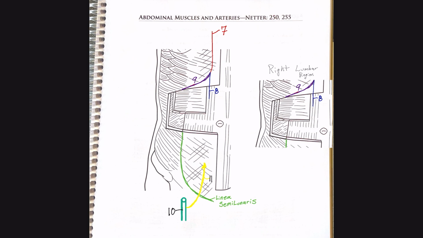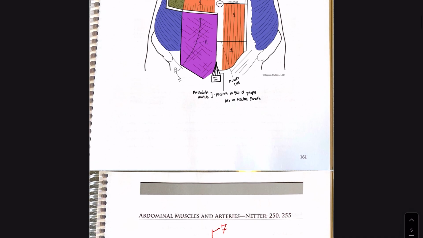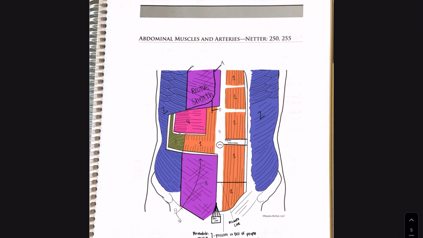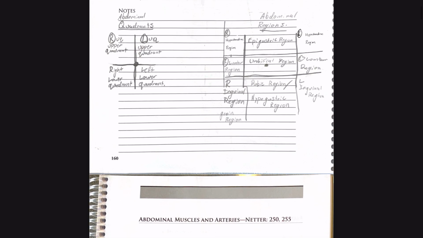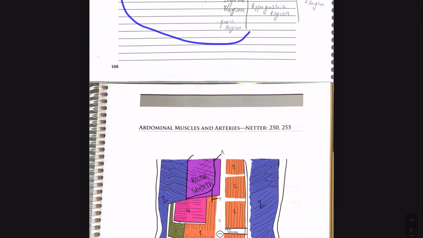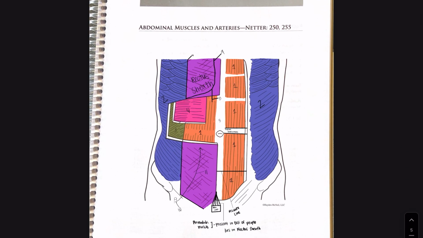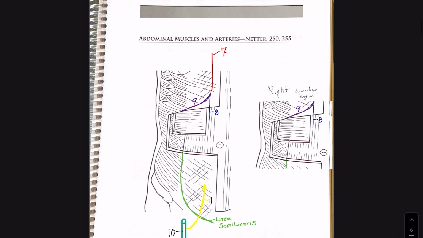Number 5 is that linea alba, which is right down the middle, and then you have the umbilicus right here. So I think I'm going to stop the video right there. We did bring up some new material, but really what you need to know is your regions and quadrants, and just rectus abdominis, and then these muscles that we talked about as well, along with the arteries and veins.